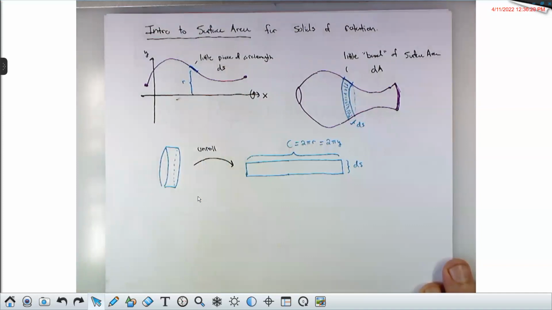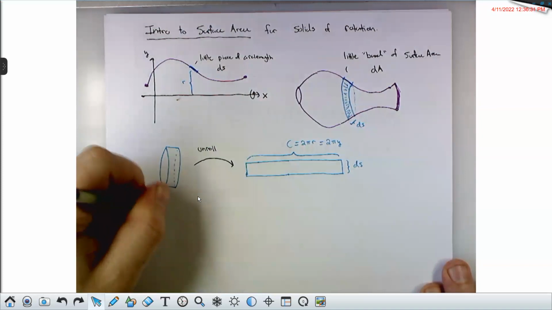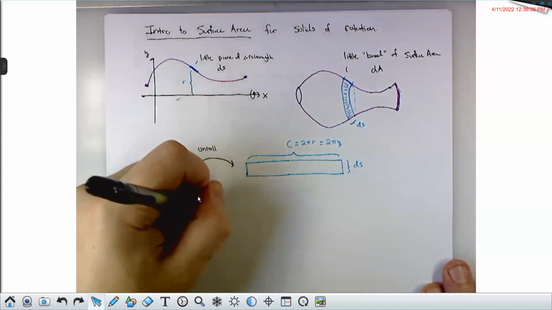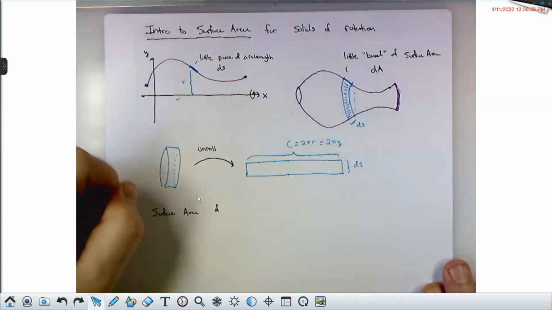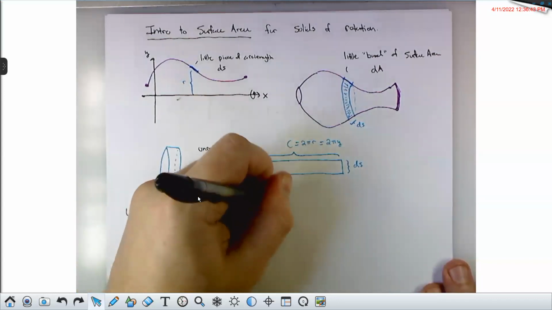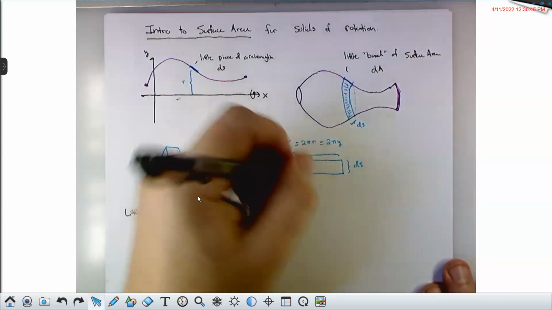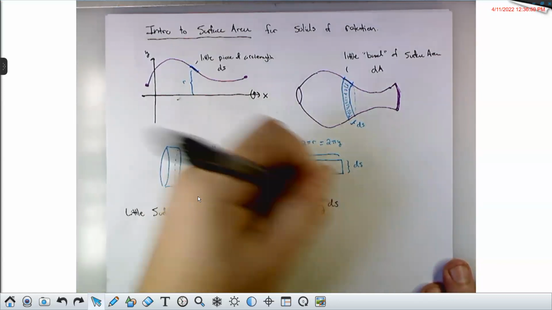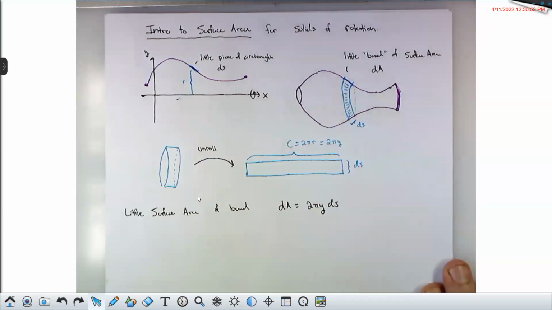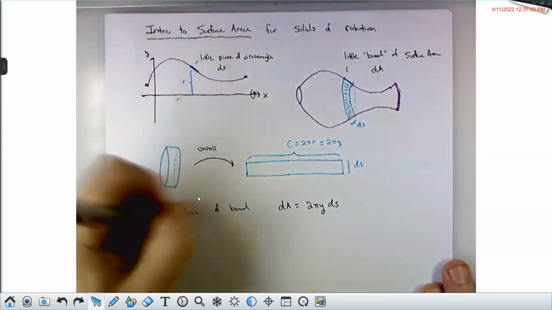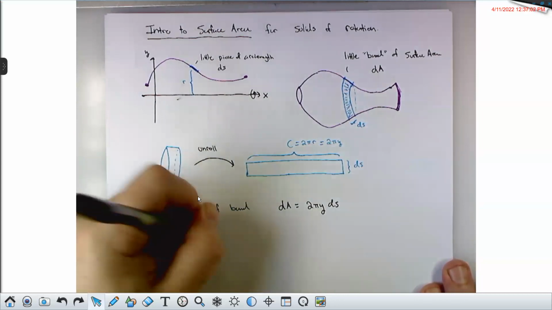So the surface area of the band, I should say the little surface area of the band, is dA equals 2 pi y ds, where ds is the little piece of arc length.